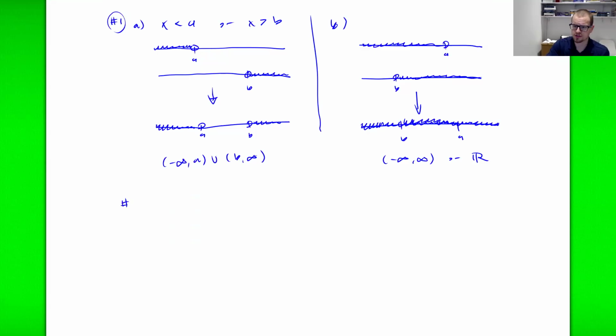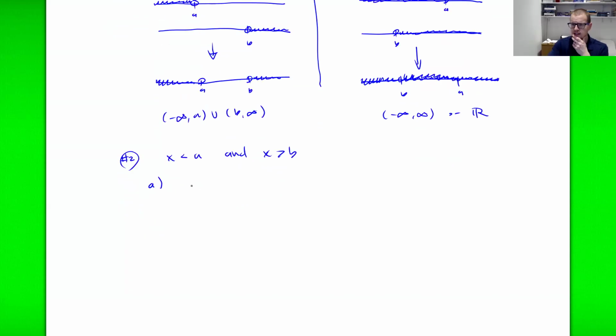The other situation is x. So let's do x is less than A and x is greater than B. So I'll split it up this way here. And so we could have, again, the same sort of scenarios.